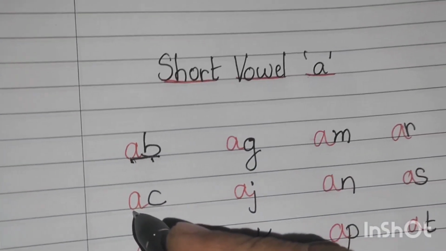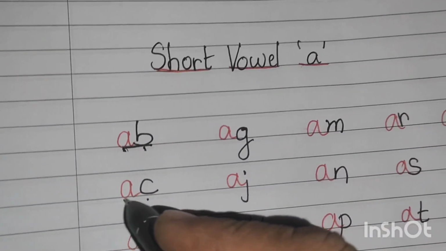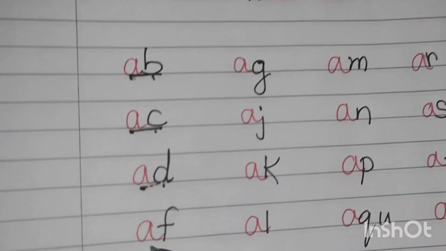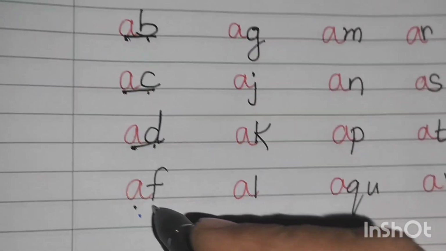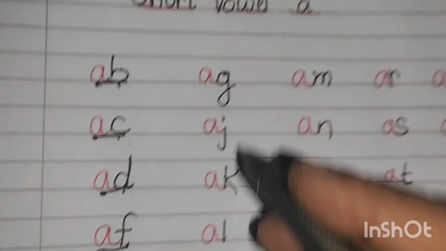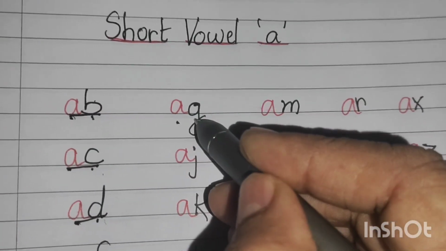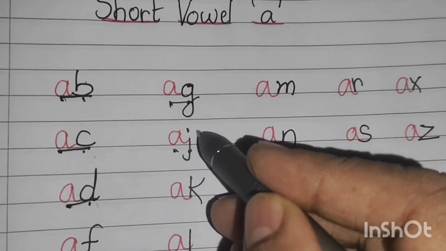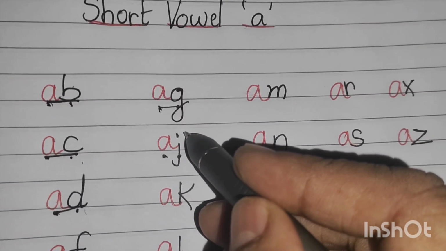ab, ak, ad, af, ag, ich. There is no word "aj."